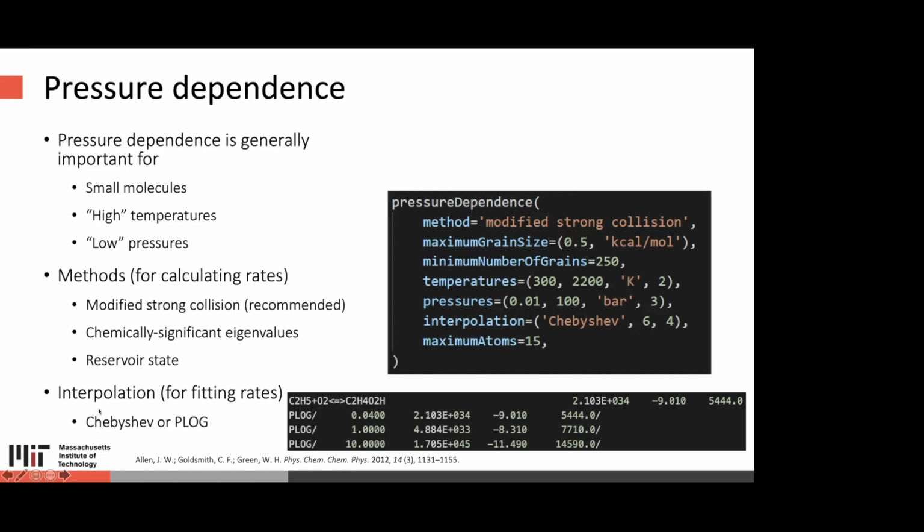And for the interpolation or the fitting of the rate, it would be either Chebyshev or P-log. And here is just one example that you will see from the chemkin file if it's a pressure-dependent reaction. So you will see the P-log at different pressure ranges, you will get different rates.